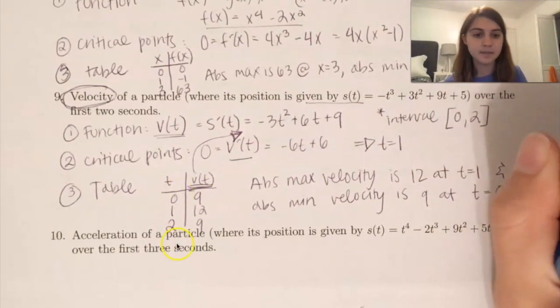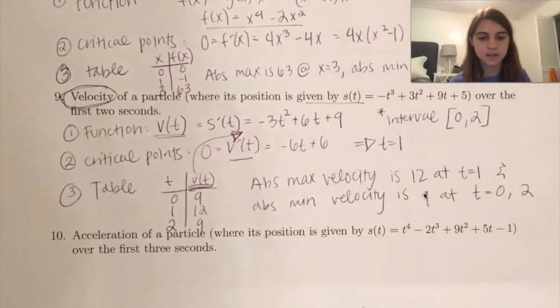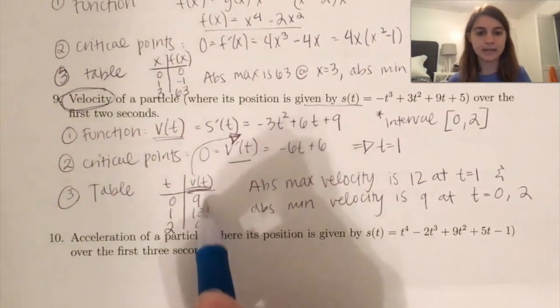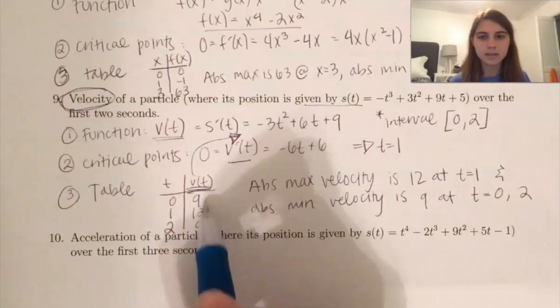So you just write 9 once, because it would be kind of weird to write 9 and 9. The minimum is 9, but it occurs at both t equals 0 and t equals 2. If you're thinking about what's the slowest velocity the car ever has, the slowest it ever has is just 9, one number, and it has that slowest velocity at two spots.